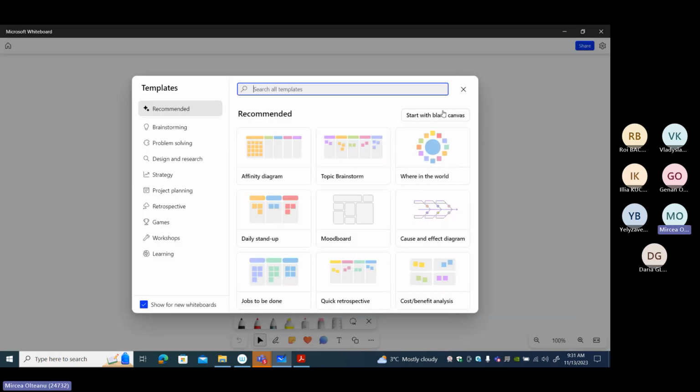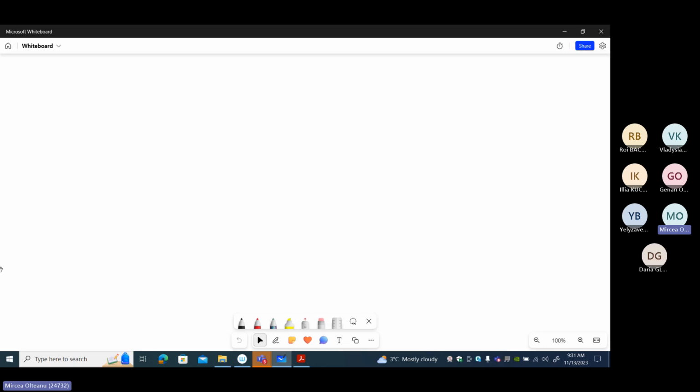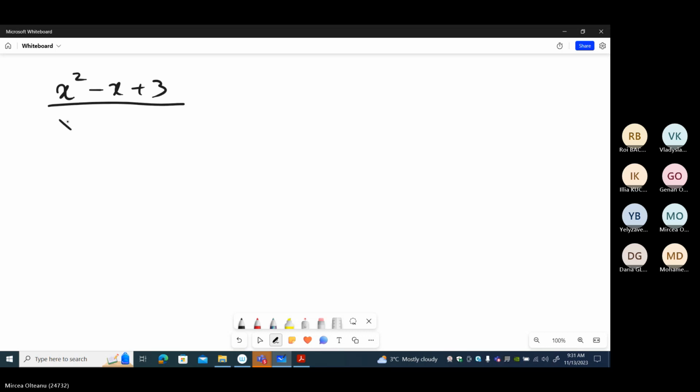So let's see some applications to see how we shall apply all these things. For example, let us solve the following inequality. A similar inequality as before, a ratio, but now the numerator and the denominator are quadratic functions.